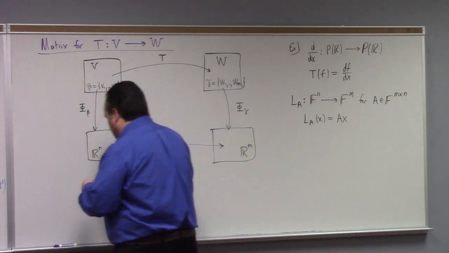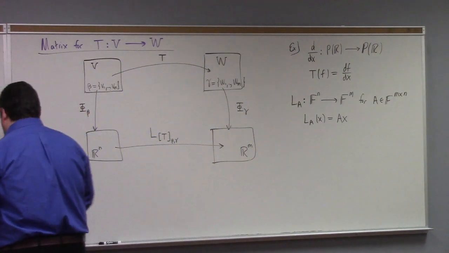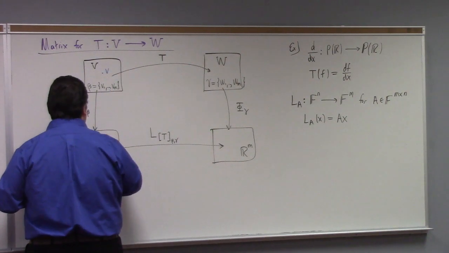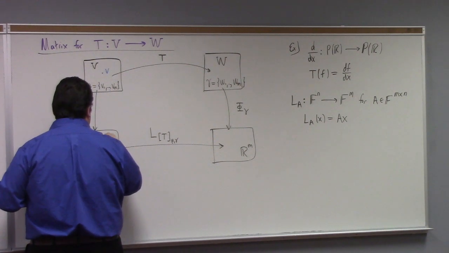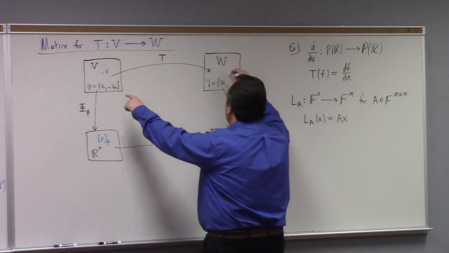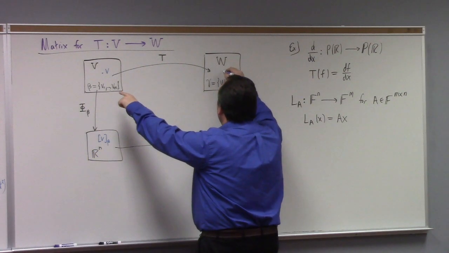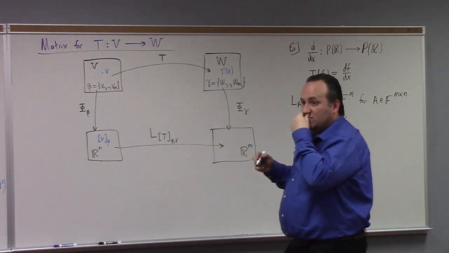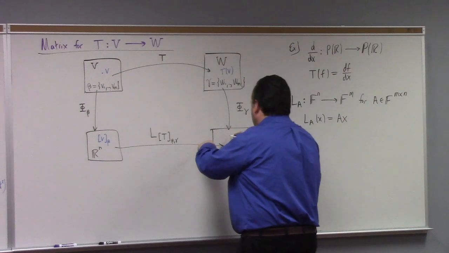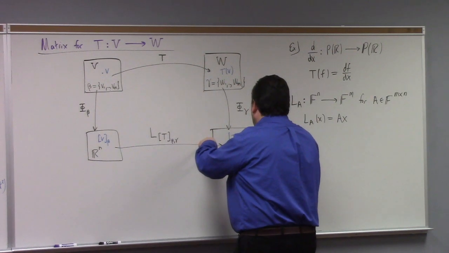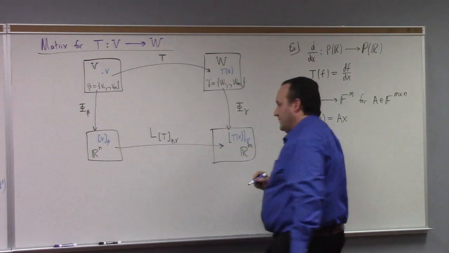So if I pick a vector, let's say v up here, then that gives us the coordinate vector v beta down here, right? And that maps over here to T of v. T of v is an element of W, all right? And under the coordinate map, that gives me a vector down here, the coordinate vector of T of v with respect to gamma.